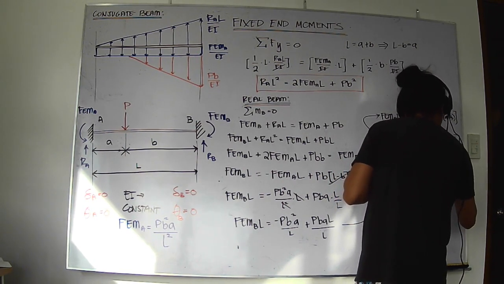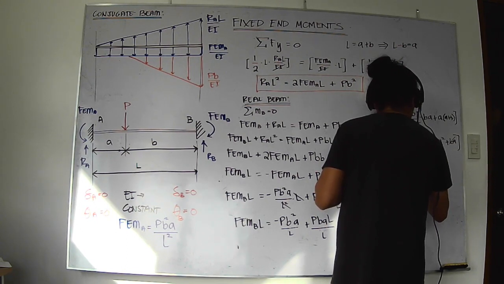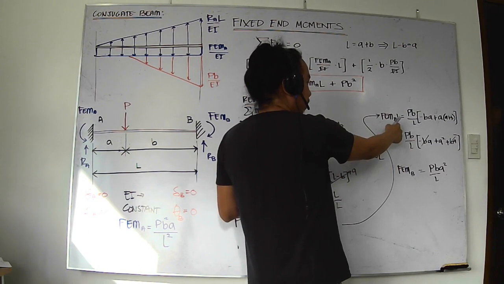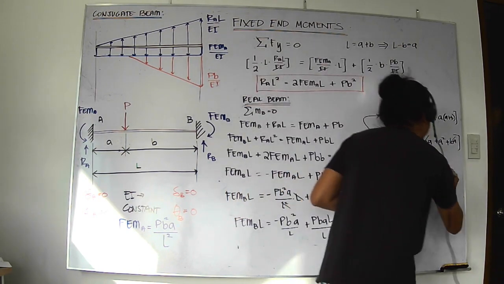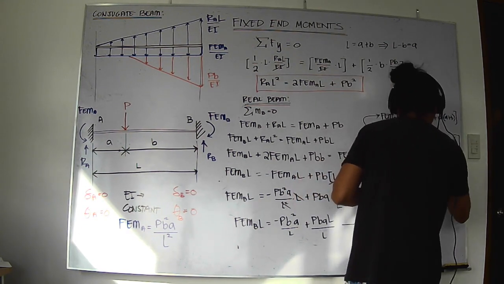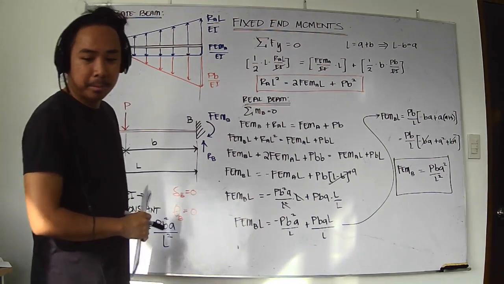PBL A squared, okay? That shall be our FEMB. Napay L diri. Divide by kon lang. So, maana siya. This is our FEMB. Fix and moment at kon din na B.